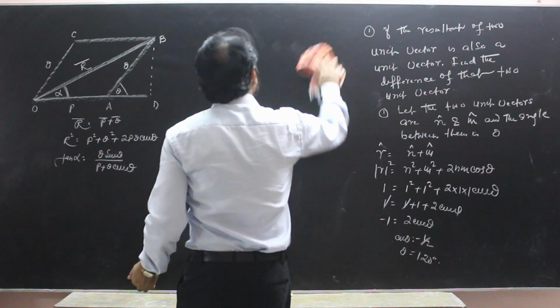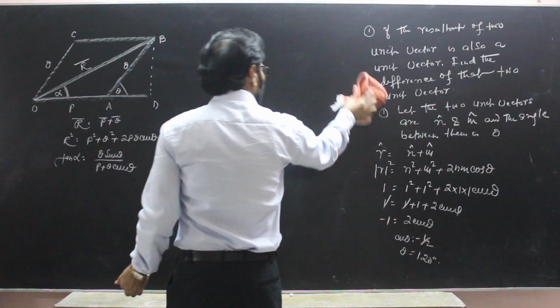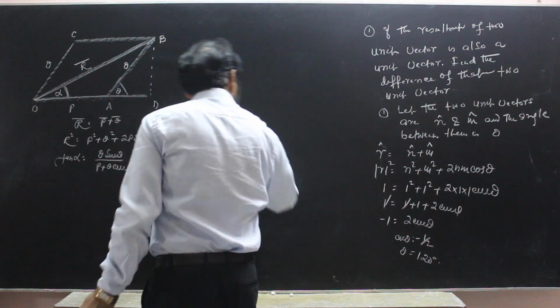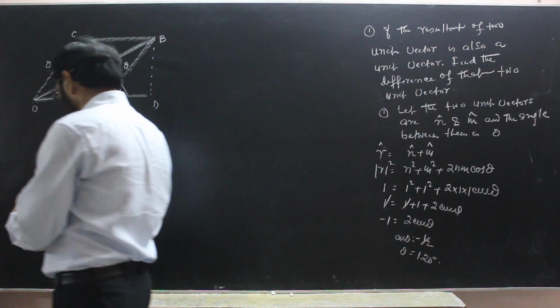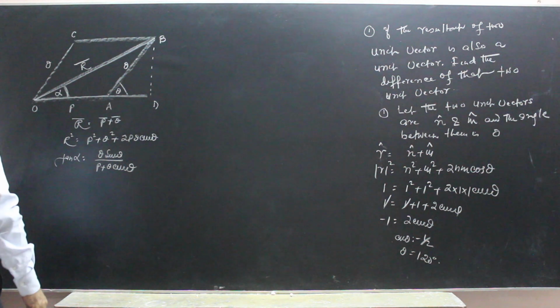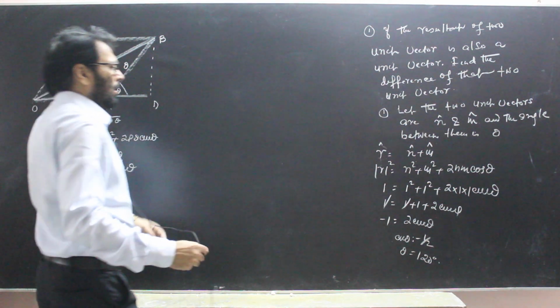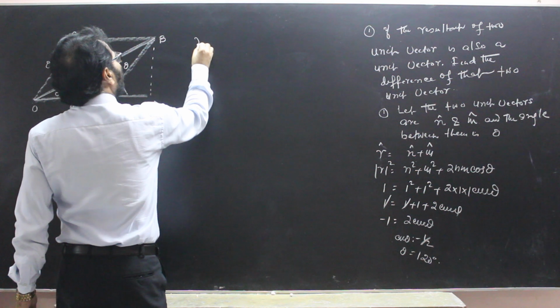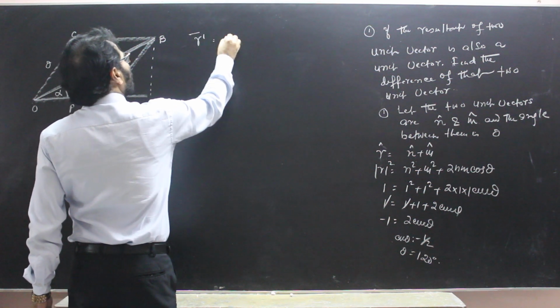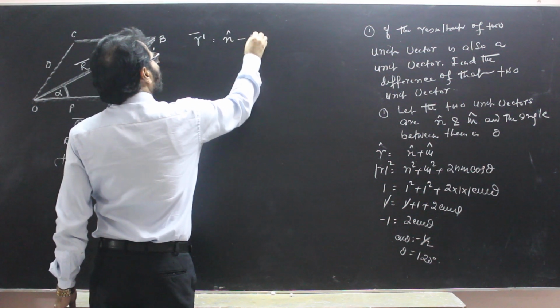So now the difference of the two unit vectors. So now r dash is n minus m.